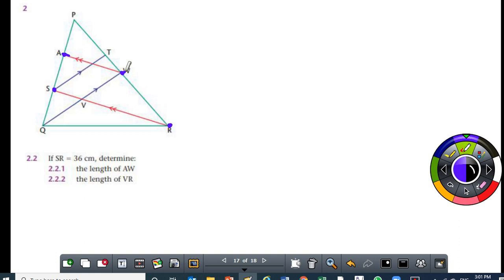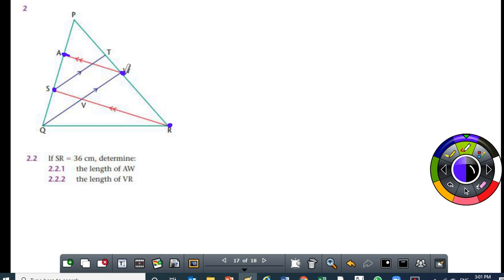I need to remind everyone that your midpoint theorem that you did in grade 10, you need that now. Some of these questions you have to apply the midpoint theorem together with your proportion theorem. So here I'm going to use the midpoint to do 2.2.1 because point W is the midpoint of PR.